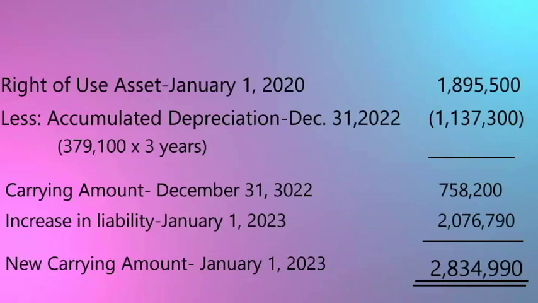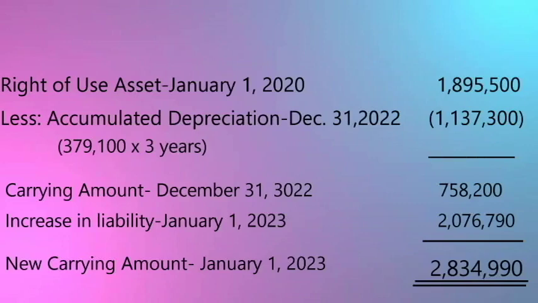So, dito sa problem na to, ginamit natin yung straight line, which means na pare-parehas lang yung depreciation. So, di ba nakakuha tayo ng depreciation na 379,100. So, ito times natin siya sa 3 kasi 2022 nga. So, ang equal nun is 1,137,300. So, ang magiging carrying amount ng December 31, 2022 is 758,200.